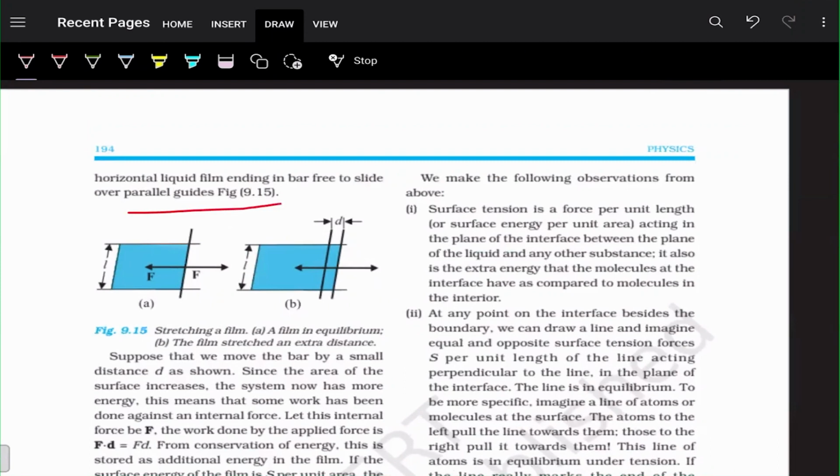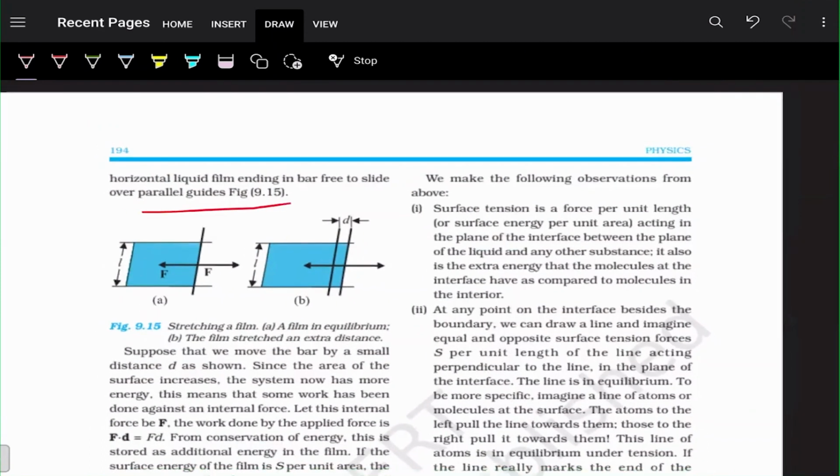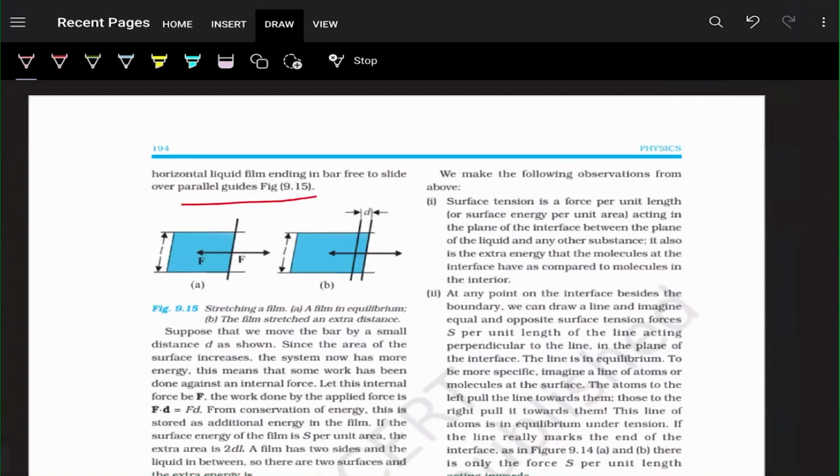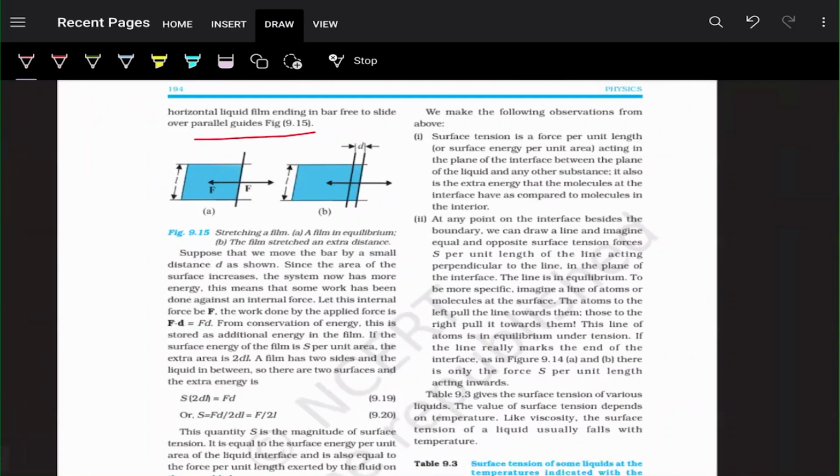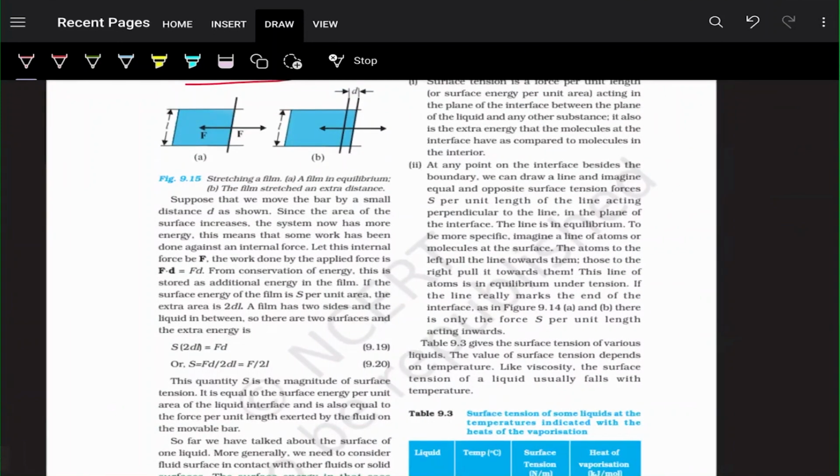Okay, see this. From that we derive the relation between surface tension and surface energy. What is the relation?